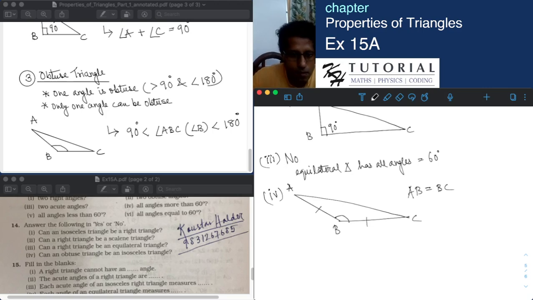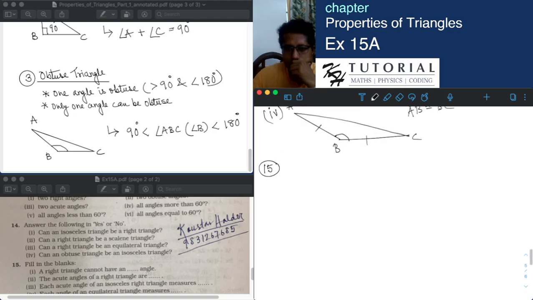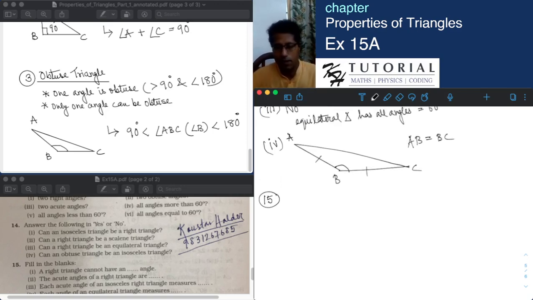Okay. Let's do problem number 15. Now, in part 4 of the previous question number 14, an isosceles triangle means only two sides are equal. The third side will be of different length.